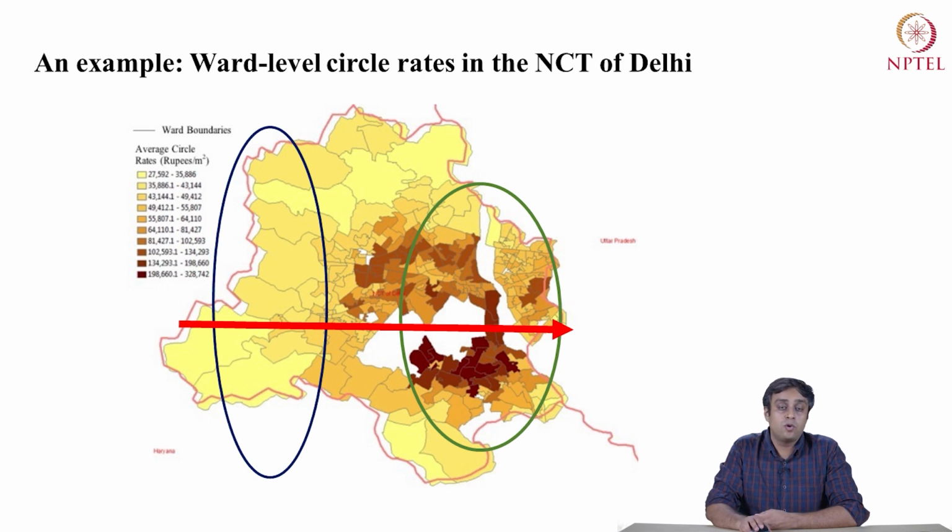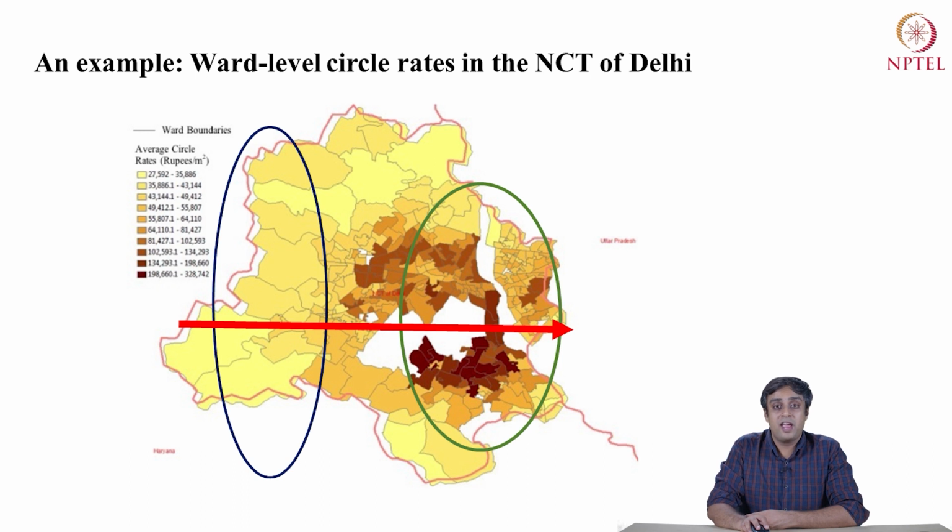What you can characterize straight away is that on the west side of this map, the blue circle shows you wards which have low circle rates. The circle rates on the left range from 25,000 to around 50,000 rupees per meter squared, whereas on the right you have this cluster of wards which show very high circle rates going up to 3,50,000 rupees per meter squared.